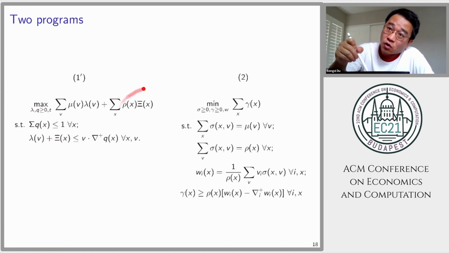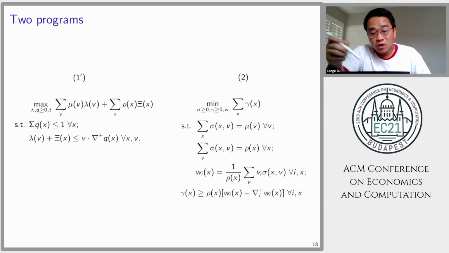Remember, this is 0, right? So we can either put in the constraint that this is 0, or we can just put that in the objective and let it be unconstrained. They are equivalent.